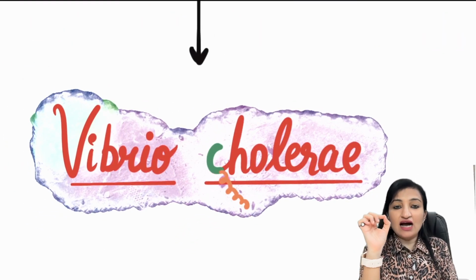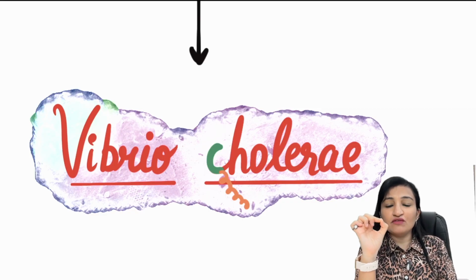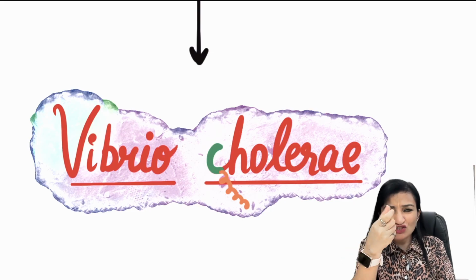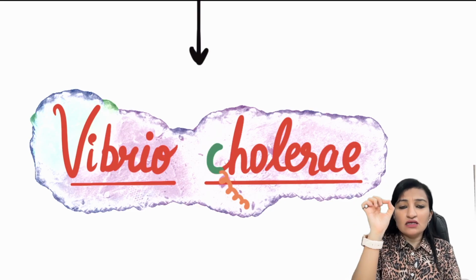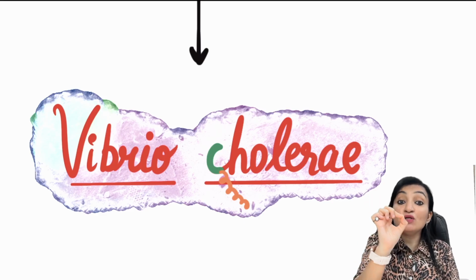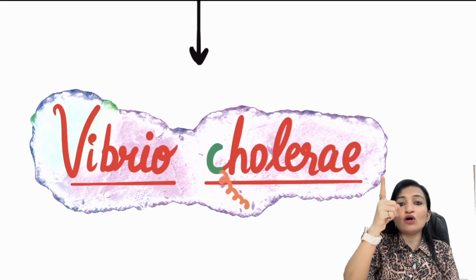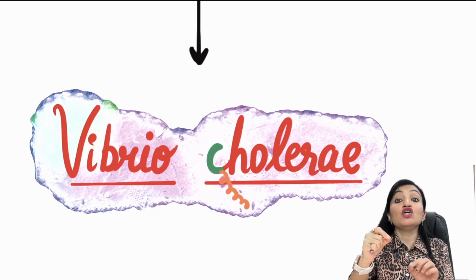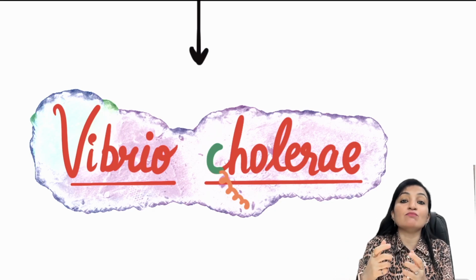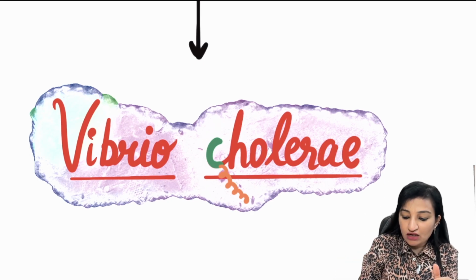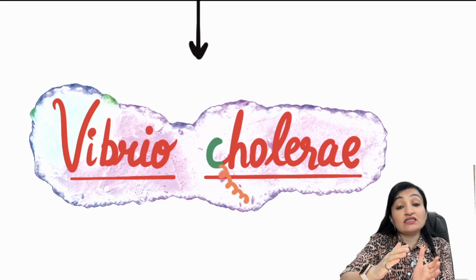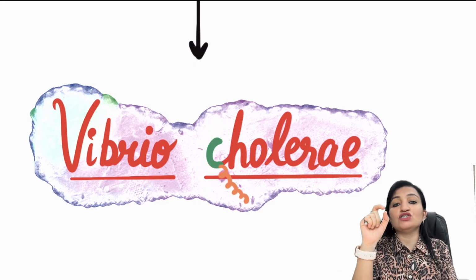Now I have highlighted the C of cholerae in a different color and I have drawn a string-like thing over here. Remember, just like the alphabet C, Vibrio cholerae is also a C-shaped or a curved bacterium, and it is motile by virtue of a unipolar flagellum, that is a monotrichous flagellum, which I have represented by this orange string-like thing.